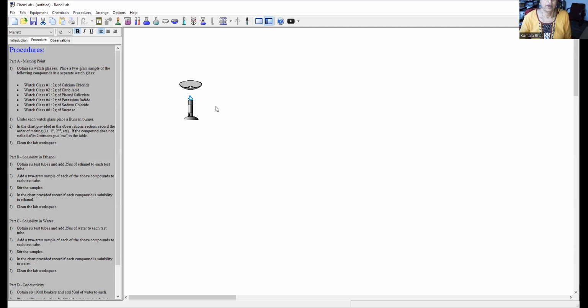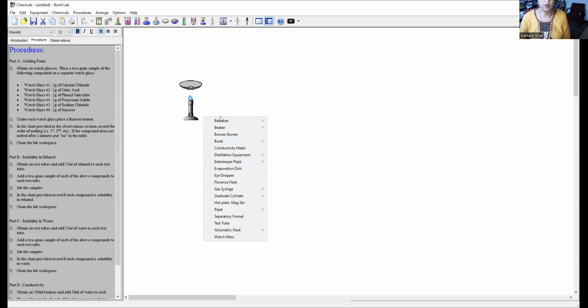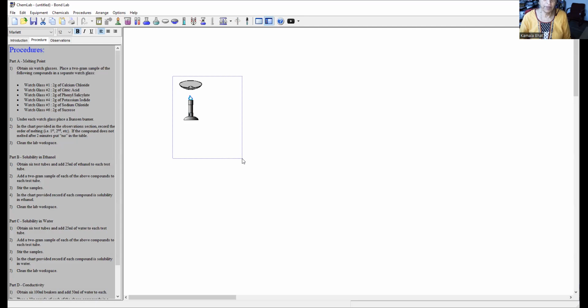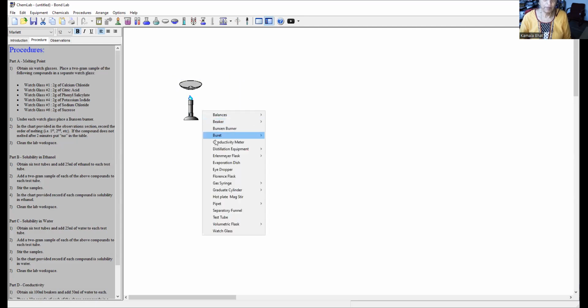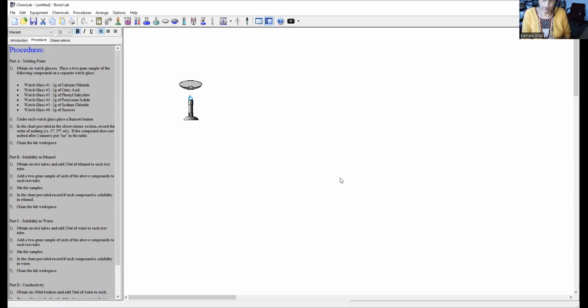After that, once you record it, remember to highlight it, copy and paste the set into your lab report. Then you clean up the workspace. How do you clean up the workspace? Just highlight and click delete. That's how you clean up your workspace.